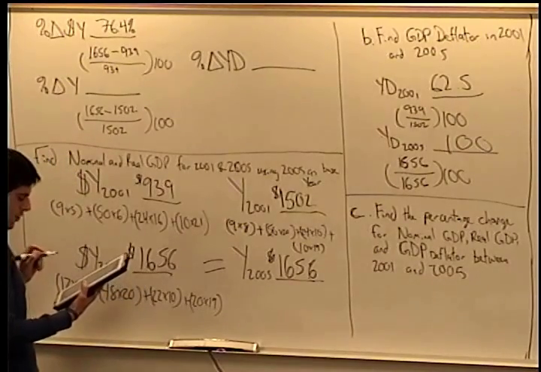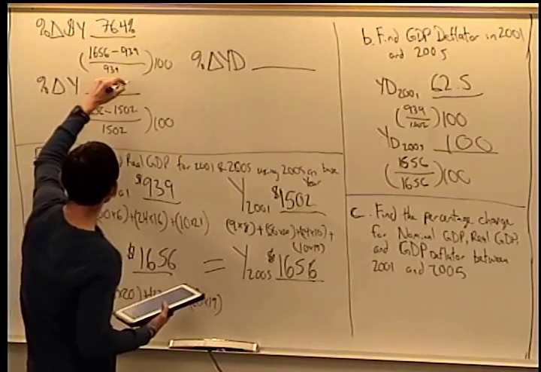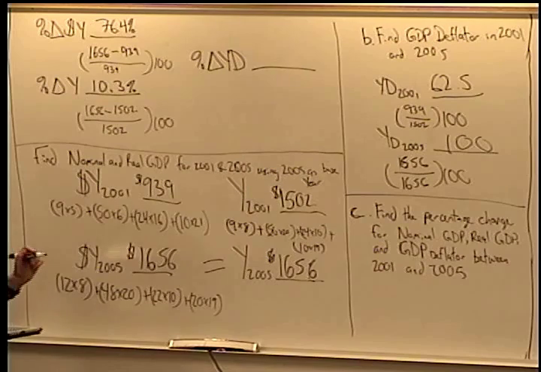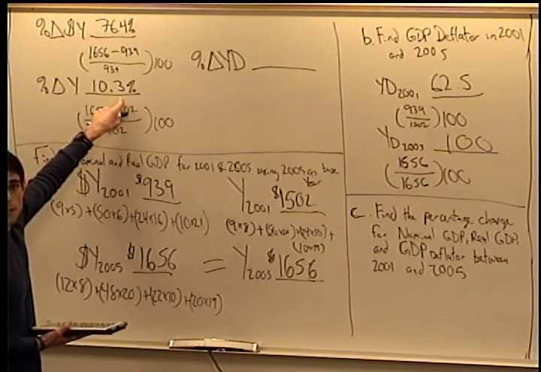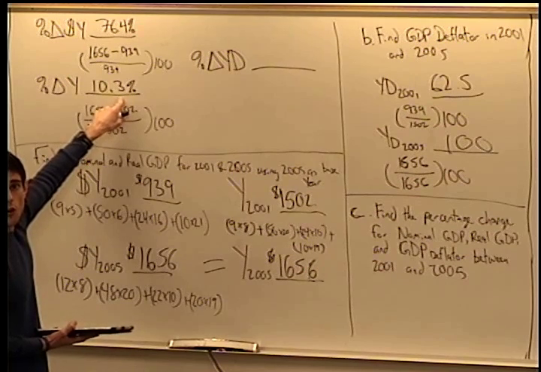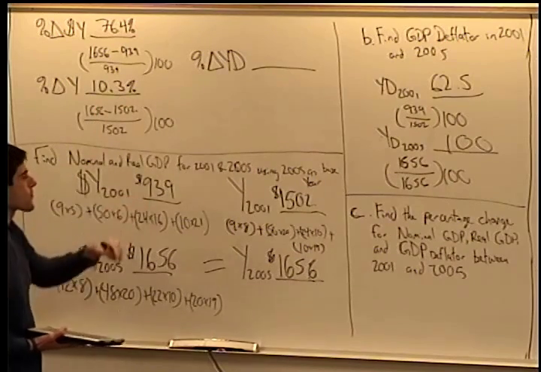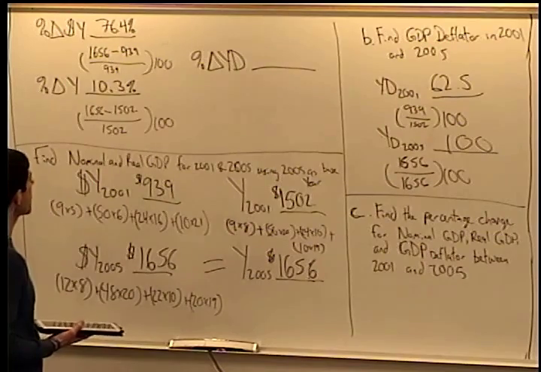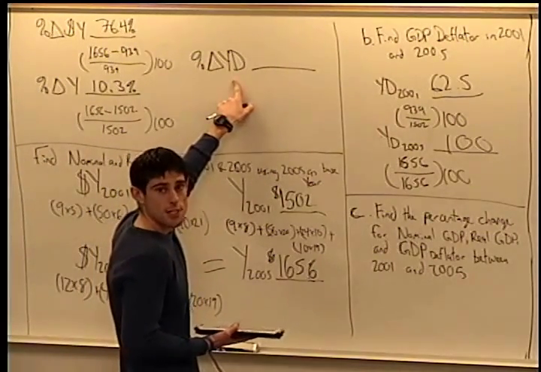If I do that, I should come up with 10.3%. So overall, we produced 10.3% more stuff in 2005 than we did in 2001, or our production grew by 10.3% over those 4 years. That's real GDP.